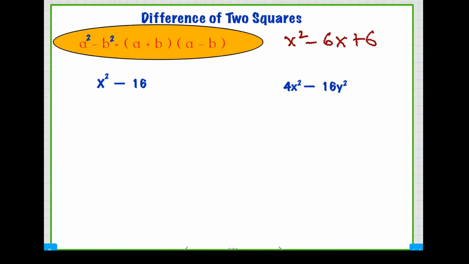In this one, x squared minus 16, the middle term is missing. So these quadratics have factors that are the same, except that one is positive and the other one is a negative term. For example, x squared minus 16.